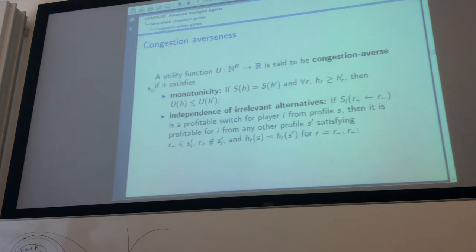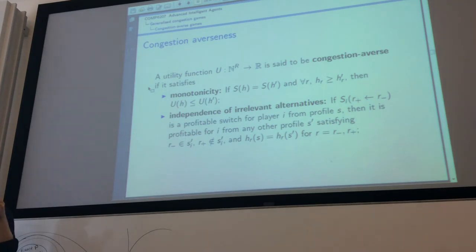If the support is different, we don't require anything. So monotonicity only applies to vectors with the same support, and then the higher congestion you have, the lower the utility of having that congestion vector.